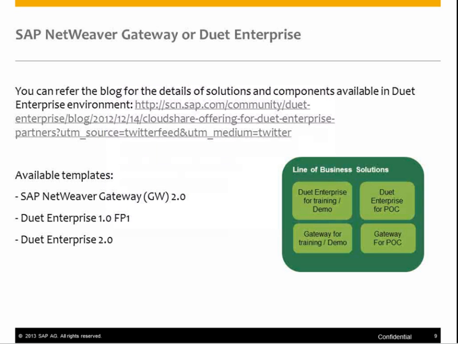Then regarding the details for NetWeaver Gateway and Duet Enterprise, there is also a dedicated blog for those offerings, on how you can utilize the included components, the details for that offering, and also some contacts to the colleagues who especially take care of that environment and of the efforts, especially for Duet Enterprise.